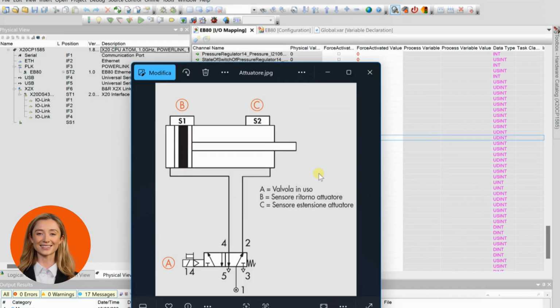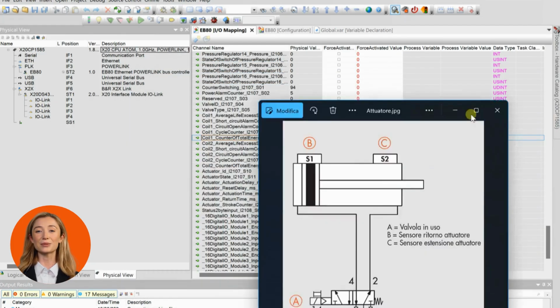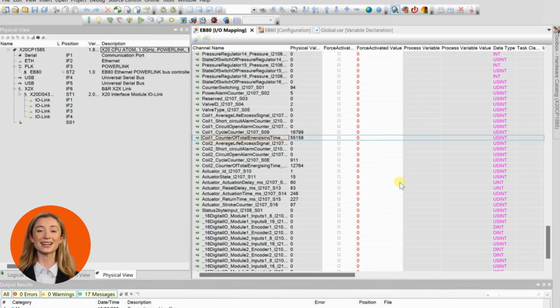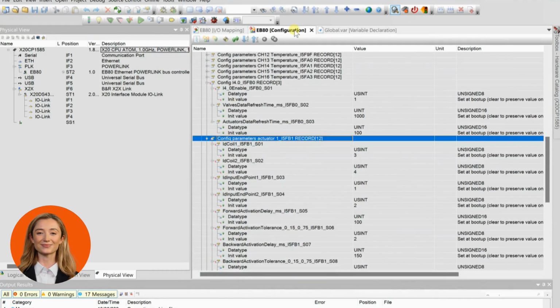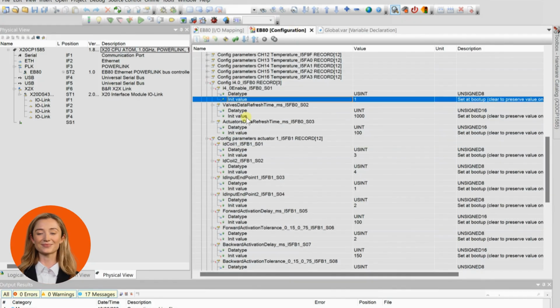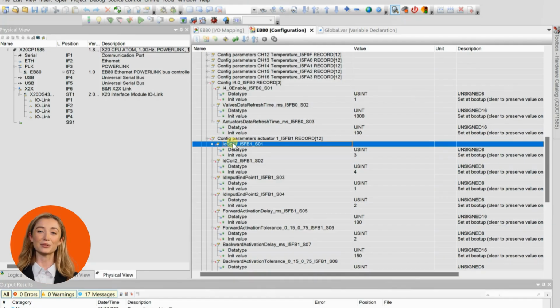Parameter settings. These are carried out in the device-specific parameters section by setting the value in the init value field. ID coil 1 indicates the solenoid associated with the actuator's extension movement, in this case 3.